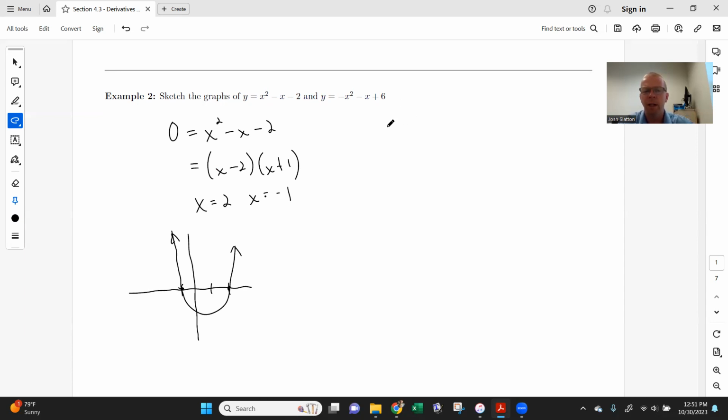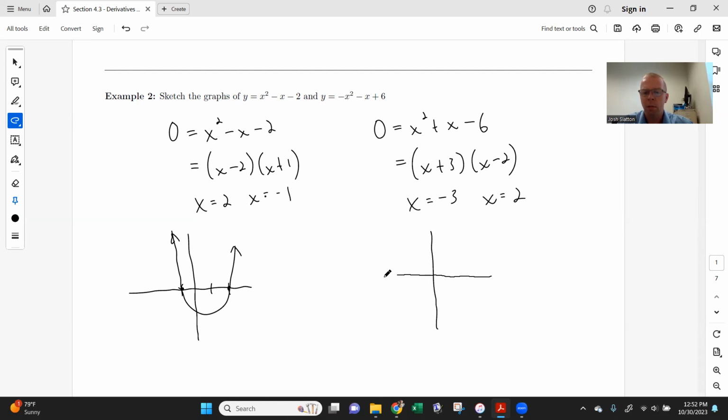Likewise with this one, I want to factor out a negative first. Then we factor it and we get x plus 3, x minus 2. So x is negative 3, x is positive 2. Plot the zeros: we have a 0 at negative 3 and a 0 at 2.